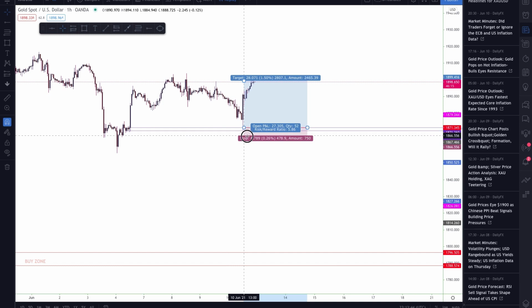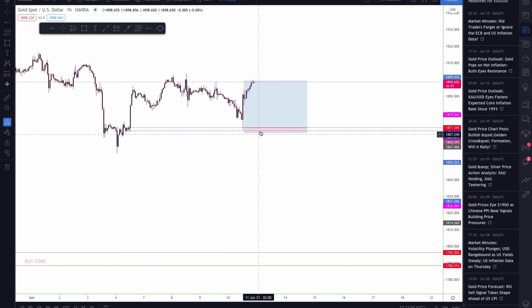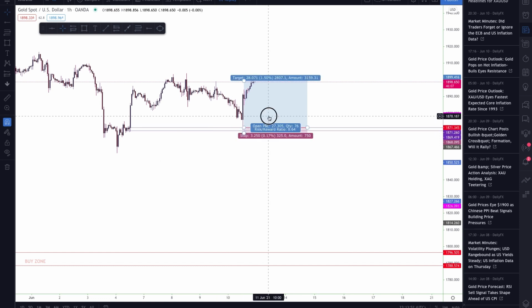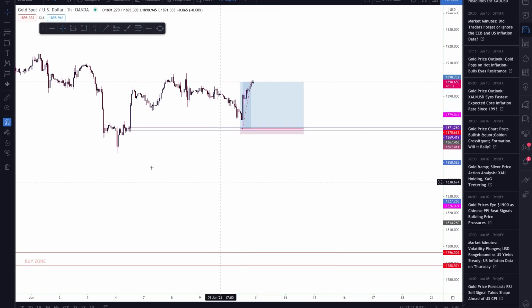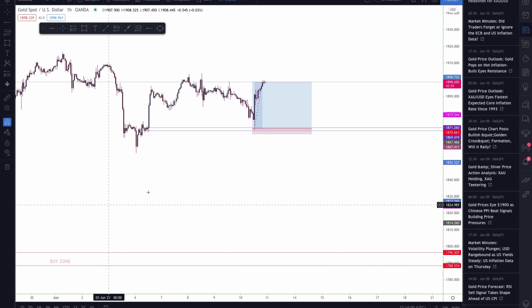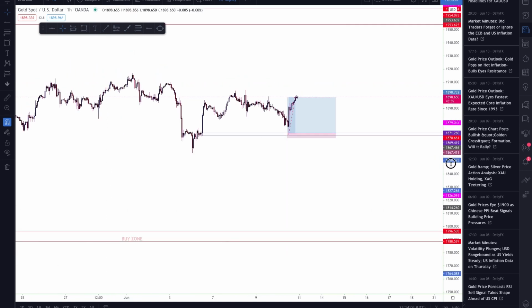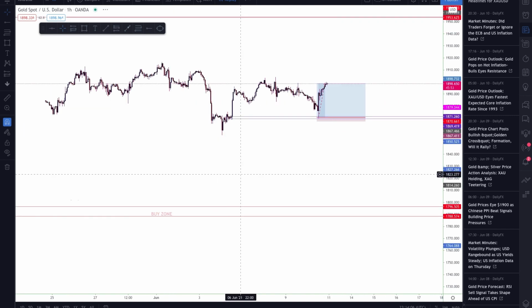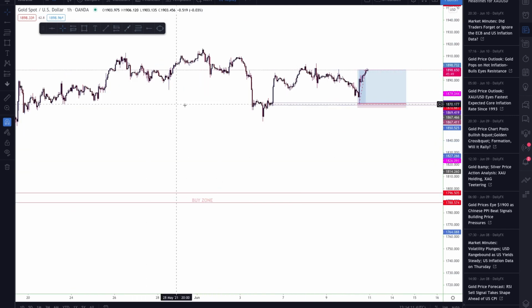This is our stop loss. The risk to reward ratio is about 1:8.6. So the trend is there. Let me see if there is other confluence that we can match up with this.